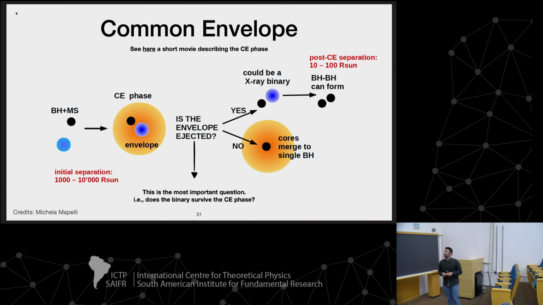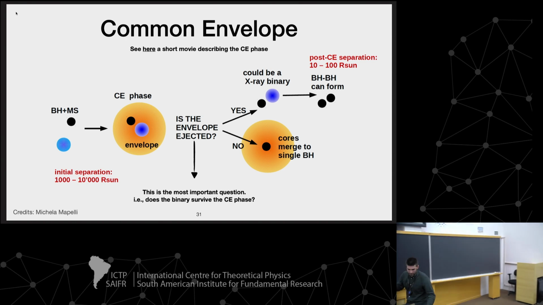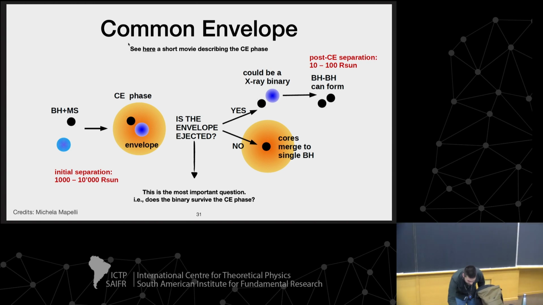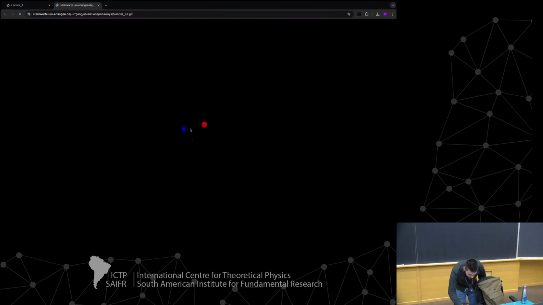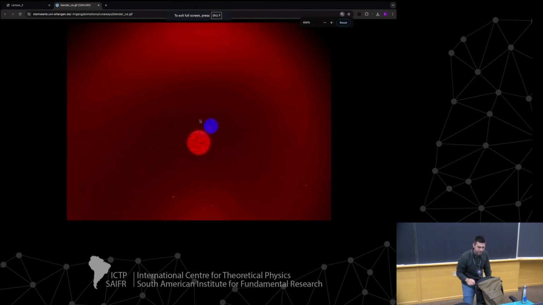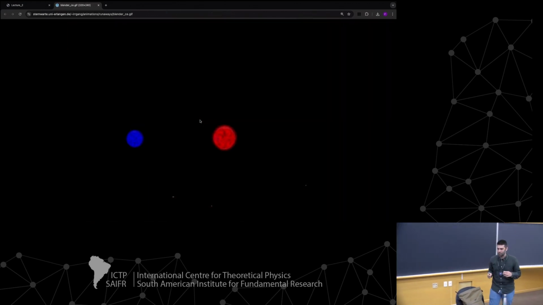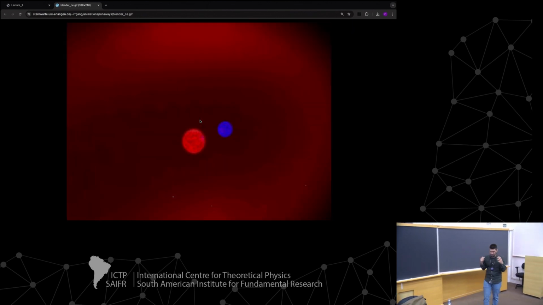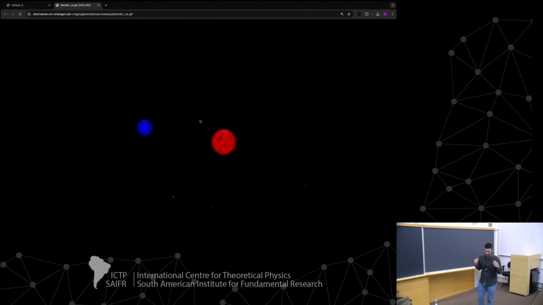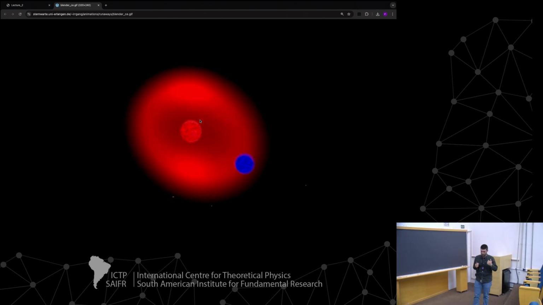Common envelope. I want to show you a GIF that explains what happens in the common envelope. So basically you have the massive star, the red star, that is getting bigger because of the single stellar evolution I just told you about.